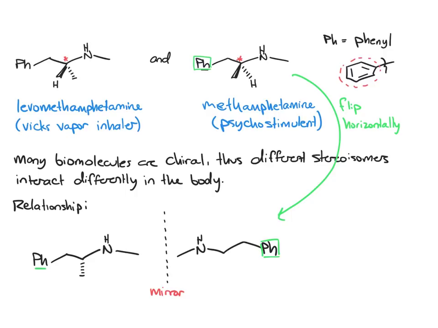Okay, but that brings up another important point when you flip something over. Right now, this methyl group is out. If I flip this molecule over horizontally, it ends up going to the back. Let me again prove that to you using a model.